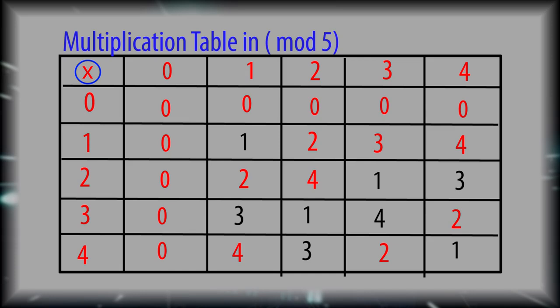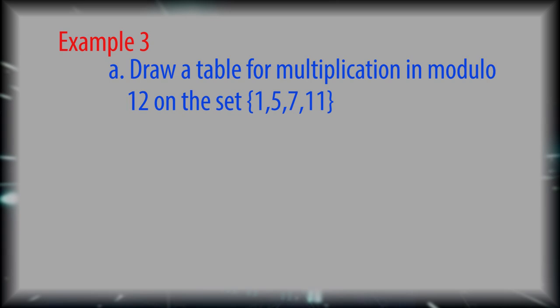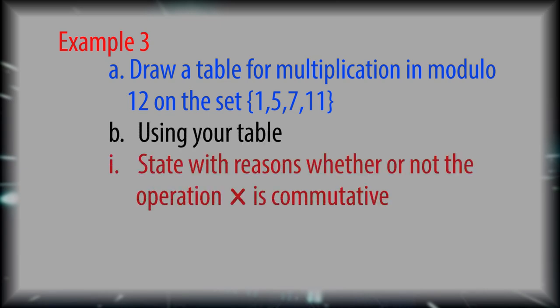Let's look at the third example. Draw a table for multiplication in modulo 12 on the set of numbers 1, 5, 7, and 11. Using your table, state with reasons whether or not the operation multiplication is commutative.